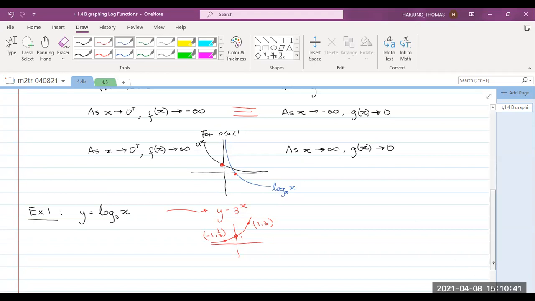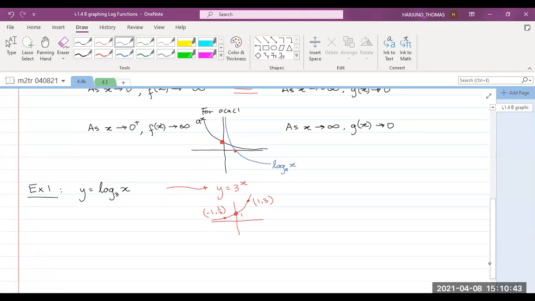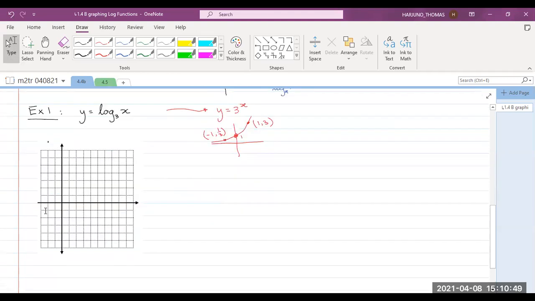We start from 3 to the x, and the way we think is this: 3 to the x has 3 important coordinates: (0, 1), (1, 3), and (-1, 1/3). Right? That's what 3 to the x looks like.